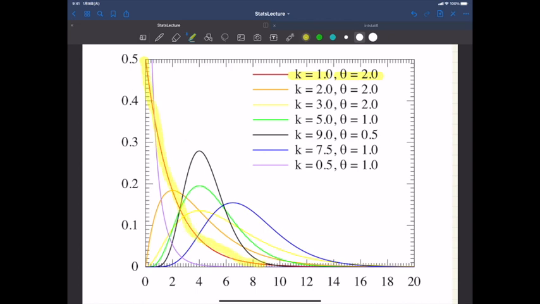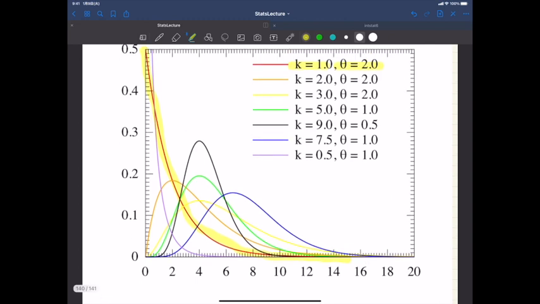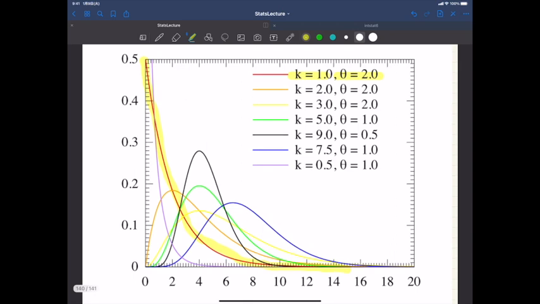Does this look familiar? Actually, in this case, this gamma distribution is an exponential distribution. It's the same as the density function of an exponential distribution with the parameter 1 over theta, so with the parameter of beta.